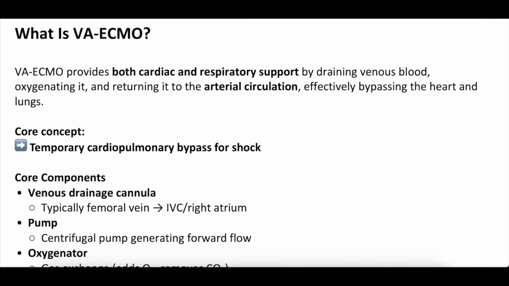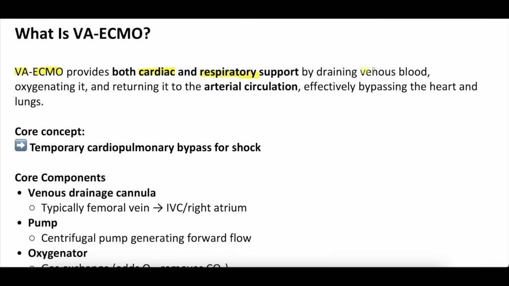What is VA-ECMO? Well, VA-ECMO stands for veno-arterial, so you know there's a venous and arterial portion of it. Extracorporeal membrane oxygenation, so you know you're pulling blood out of the body and oxygenating it. And VA-ECMO provides both cardiac and respiratory support compared to VV-ECMO, which is just respiratory support. So VA provides cardiac and respiratory support.